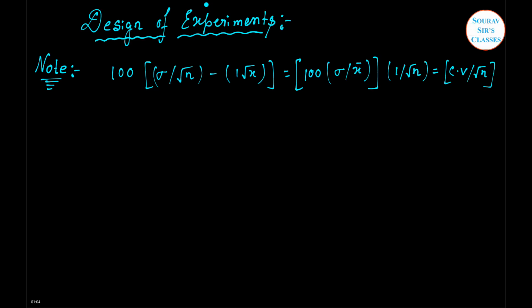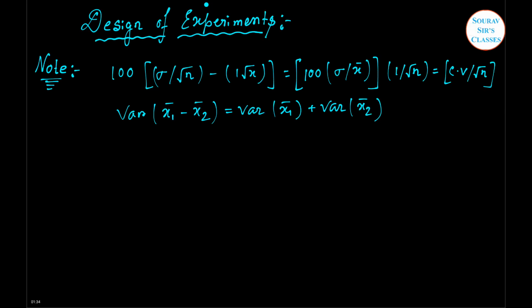If x1 bar and x2 bar are the mean effects of two treatments replicated R1 and R2 times respectively, then variance of x1 bar minus x2 bar equals variance x1 bar plus variance x2 bar.